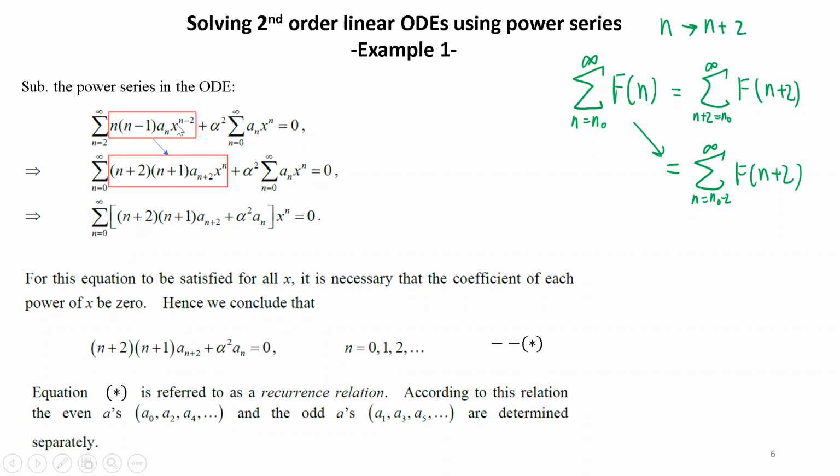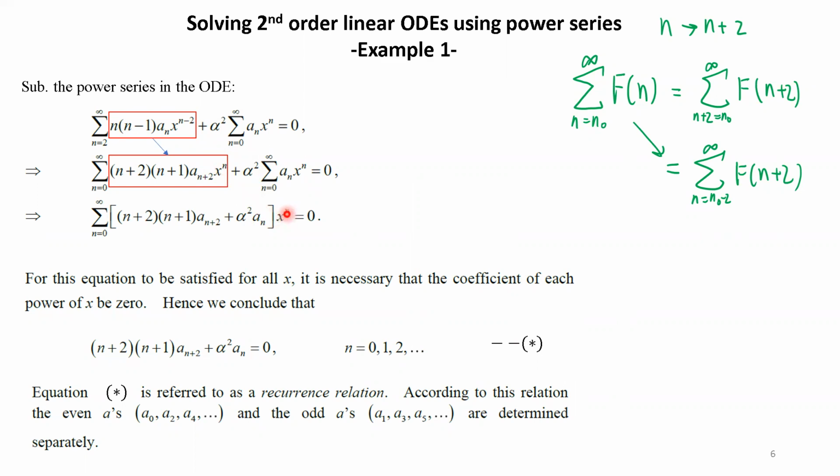If I do this shift of index such that the first term also comes with x to the n, then I can write these two summations together, just like this. Now this x to the n is just treated as a common factor.